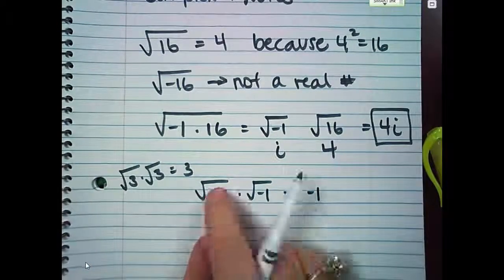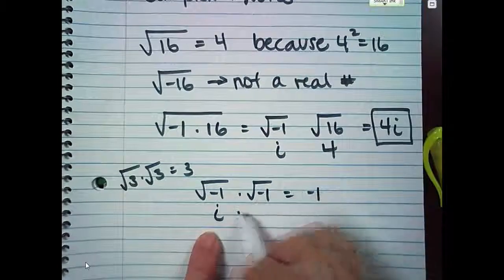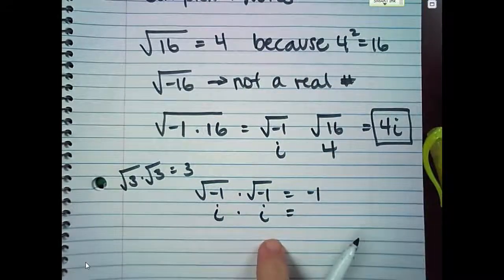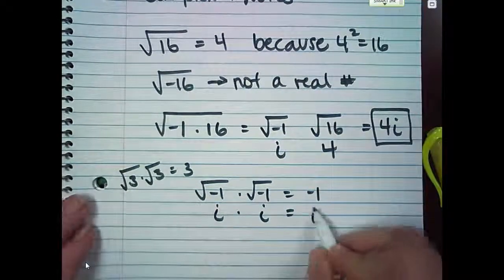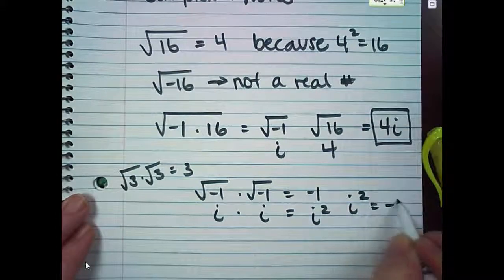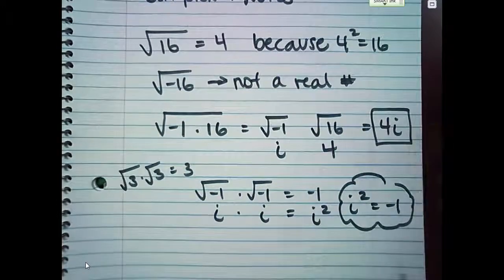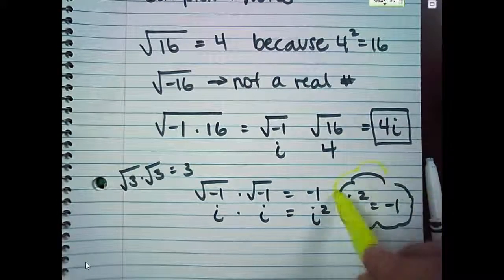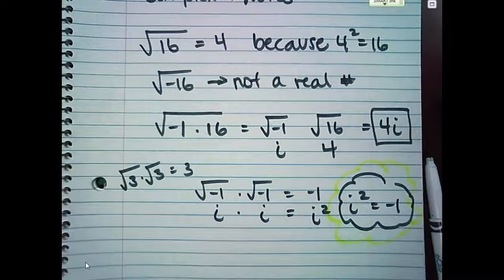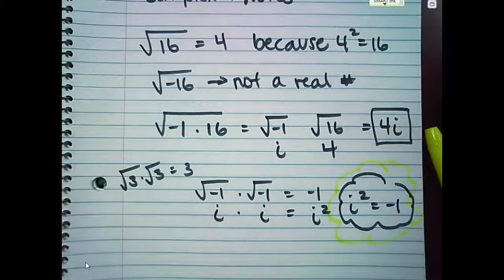Or you could say the square root of negative 1 is I, the square root of negative 1 is I. What's I times I, guys? I squared. So the value of I squared is negative 1. That is very important. You might highlight it. If you see I squared, you write negative 1. It's the same thing. It's not simplified if you don't.